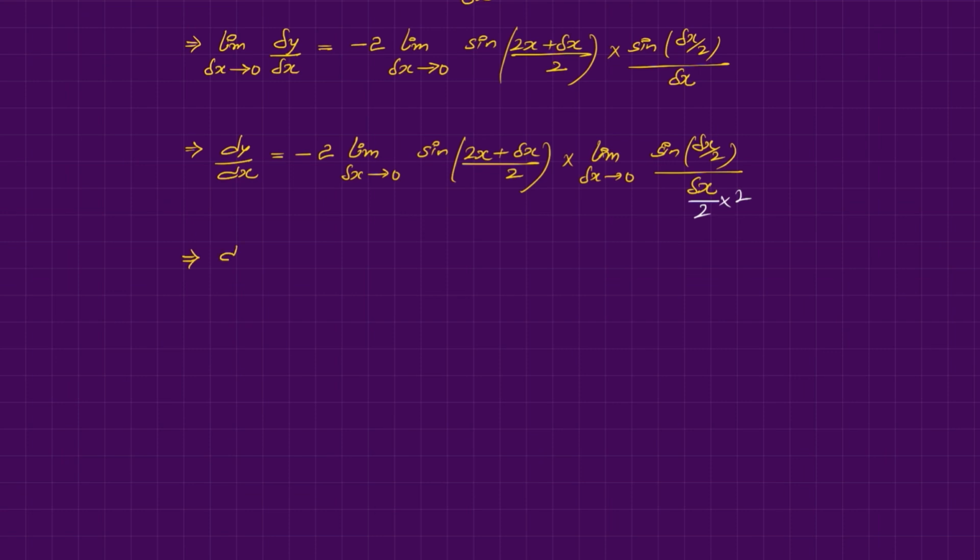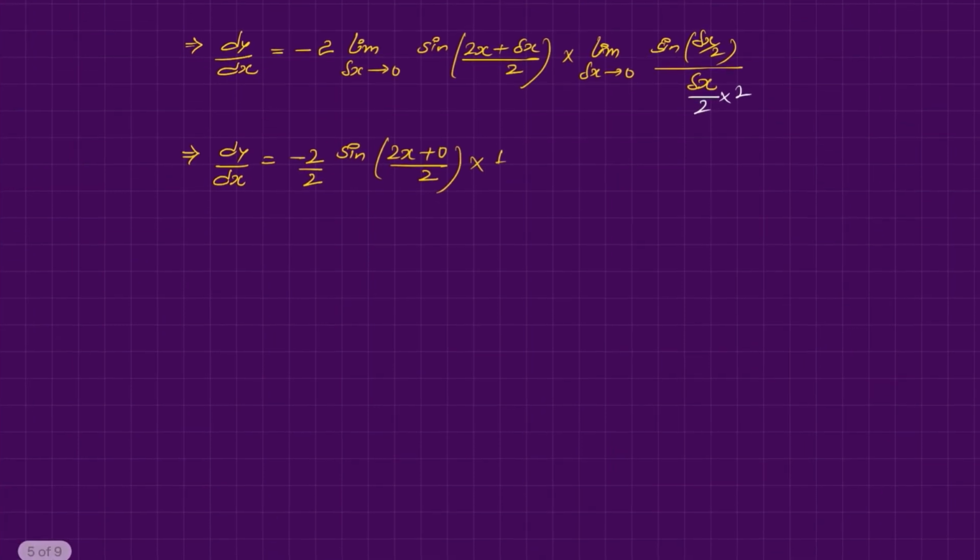We have dy over dx equals minus 2. Let us put delta x as 0 here. Sine of (2x plus 0) by 2 into, and since delta x tends to 0, obviously delta x by 2 will also tend to 0, so this particular portion will be 1 and this 2 will come in front. So let me write that 2 in front first, and that portion will be simply 1.